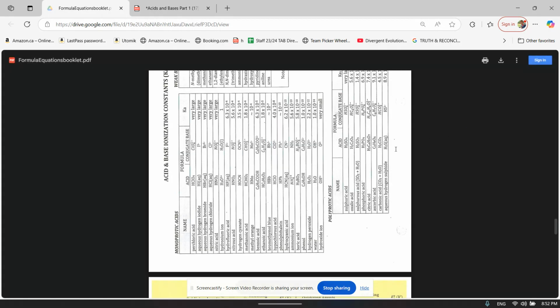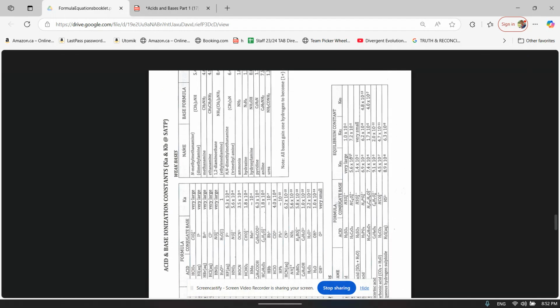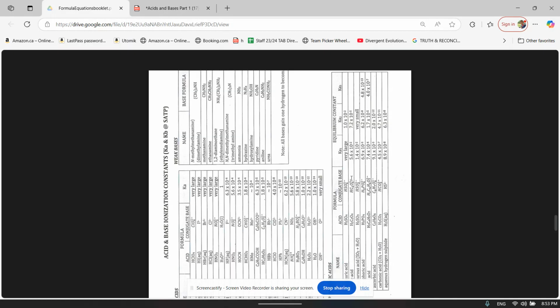I said there were 6 strong acids, so if we look here, H2SO4 has 2 Kas, and we'll see why later, but one of the Kas is very large. You can probably predict why there are 2 Kas for H2SO4. Think about whether both H's are likely to be given away as easily.